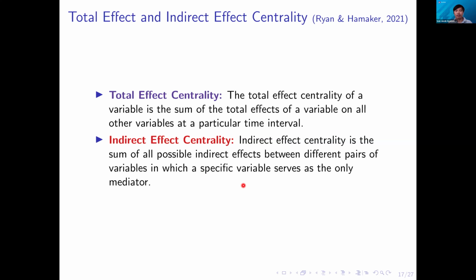We define it in terms of how one variable has an outward effect on the variables in the system, and that's total effect centrality. In the context of indirect effect centrality, we quantify how a particular variable is a conduit of the associations between the variables in the system.